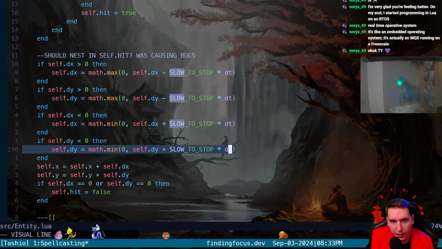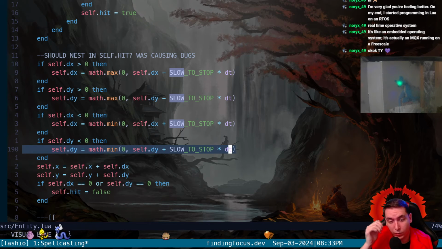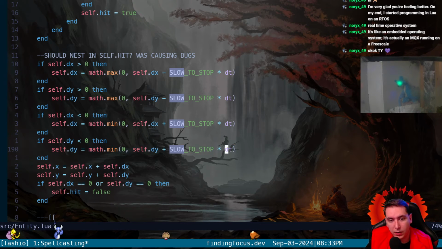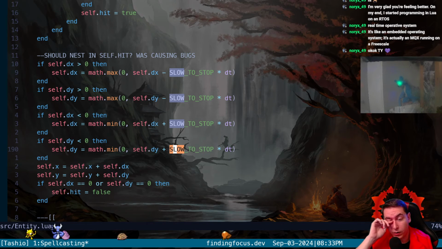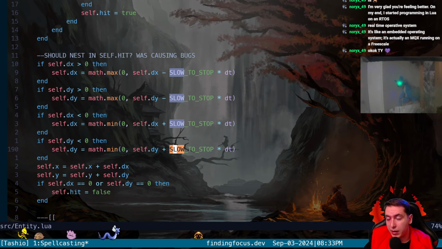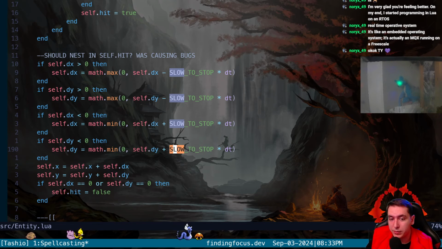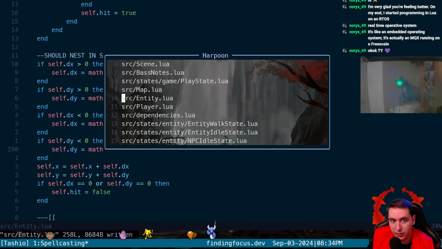DT scales it by that, so over the course of a second, it'll modify our dx or dy by 1, and if our dx upon a collision is around 0.4, that would mean it would take about 2 seconds and a half to stop us from a knockback to where our dx is completely 0. So let's see if our dx takes about a second from there.